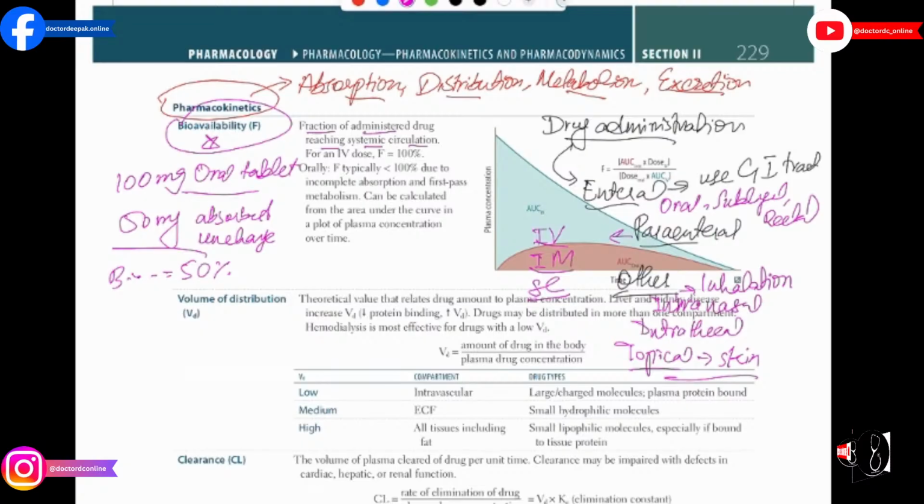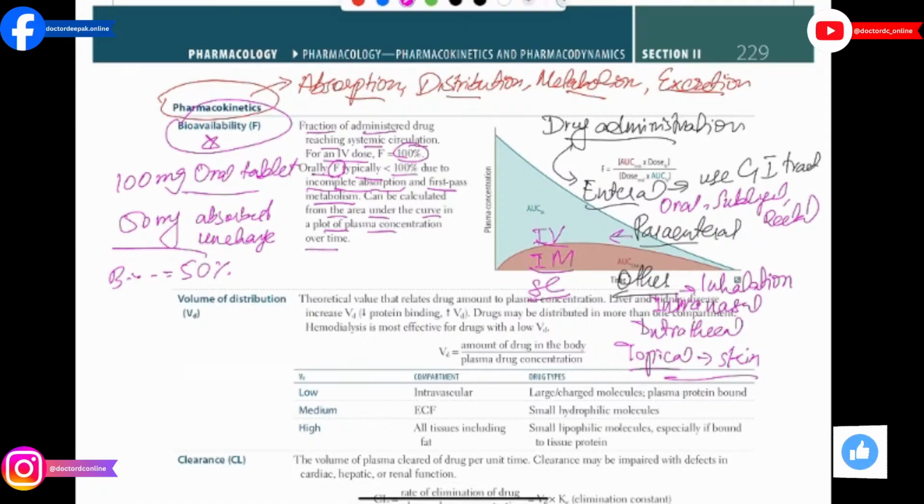Okay, but for the IV, the bioavailability is 100% because you are injecting the drug directly into the blood system. For the oral route, F stands for bioavailability, typically less than 100% due to incomplete absorption. There are 2 points: incomplete absorption and first-pass metabolism, and it can be calculated from the area under the curve of the plot of plasma concentration over time.